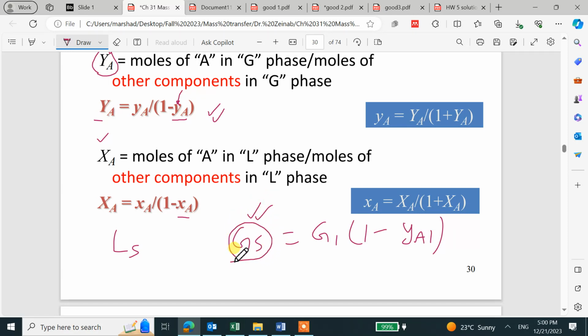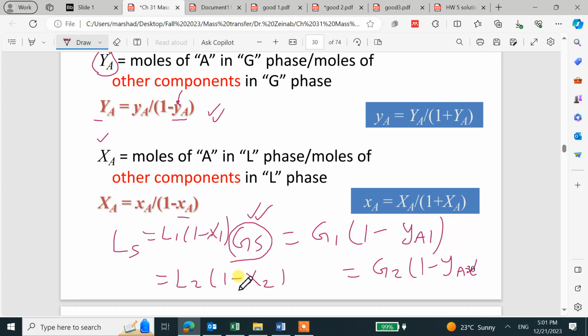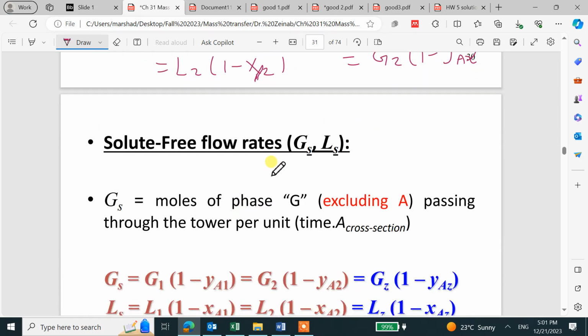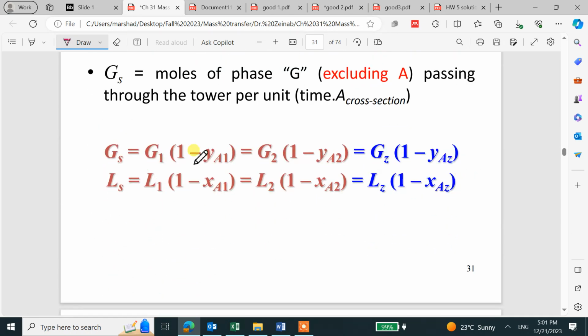And similarly, the solute-free flow rate LS will be L1 times 1 minus x1, or L2 times 1 minus x2, and GS will be G2 times 1 minus ya2. This is also for xa1 and xa2. So now I hope you understand why we use LS and GS, the solute-free flow rates.